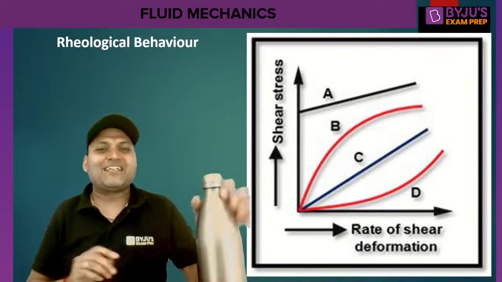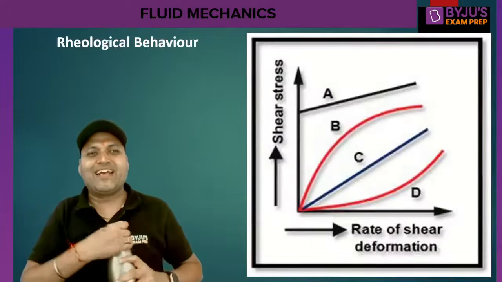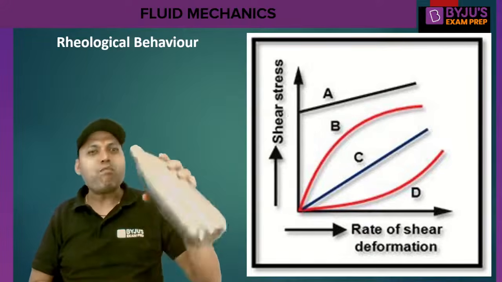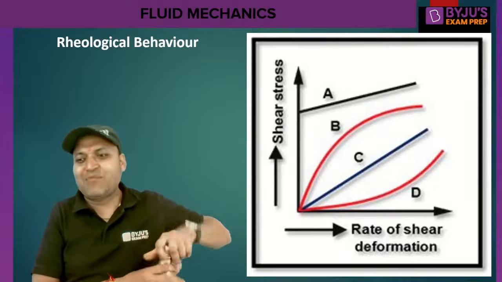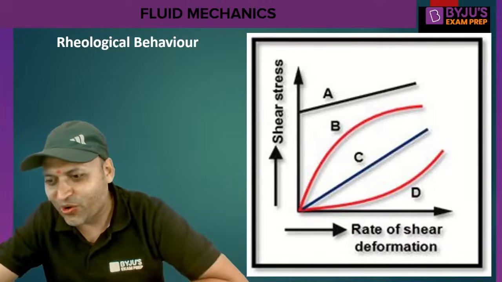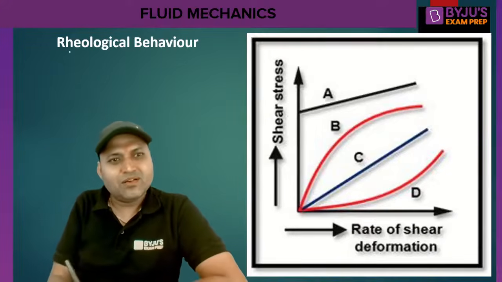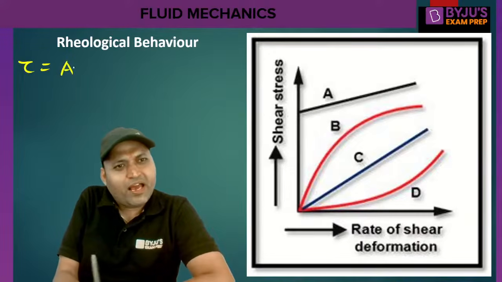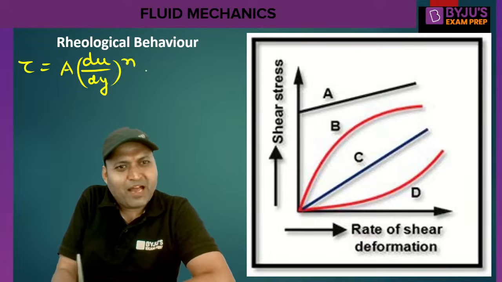Based on viscosity, fluid can be divided into two parts, Newtonian and non-Newtonian fluid. Tau is equal to A into (du by dy) to the power n plus b.